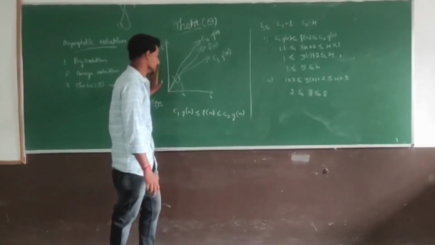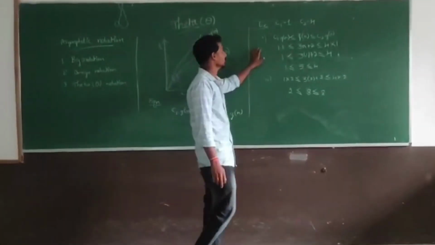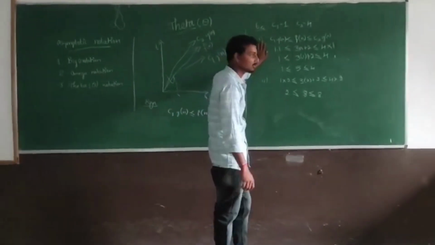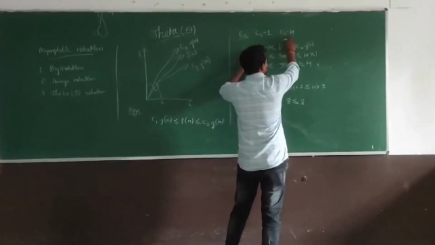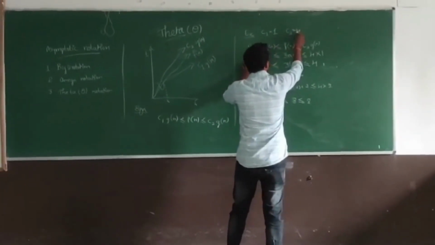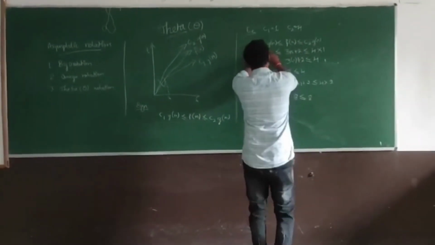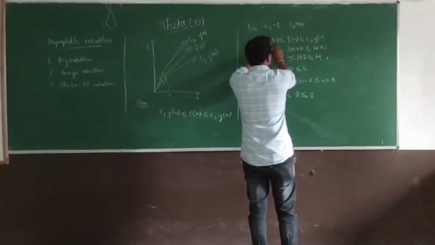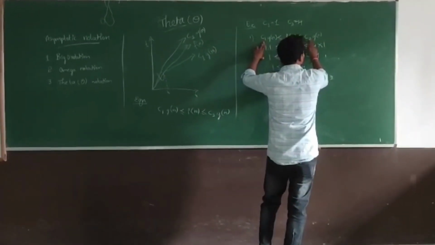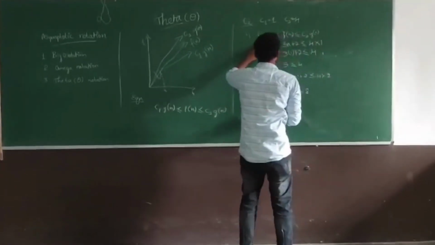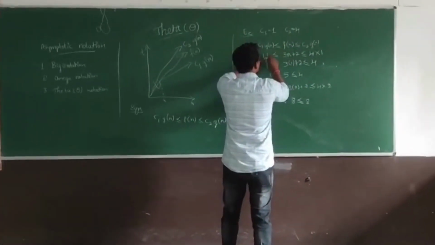Let's discuss an example for this theta notation. C1 is equal to 1, and C2 is equal to 4. Let's take the equation C1 into g of n less than or equal to f of n less than or equal to C2 into g of n.